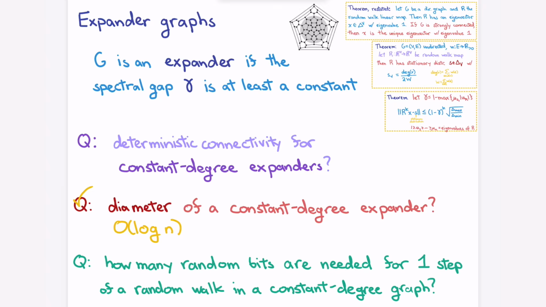It's a constant. If I just want to do one step, I'm at a vertex, and I'm choosing between 10 neighbors, I only need log 10 bits. So each random step you can do in just a constant number of random bits.